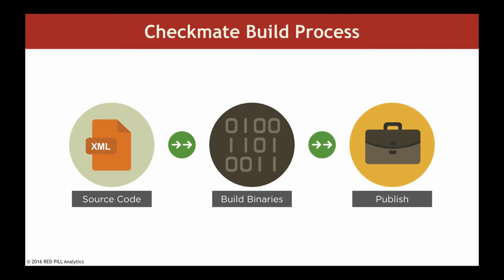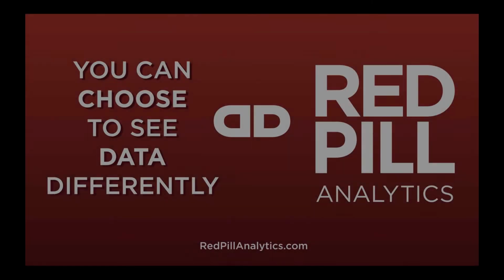So we want to publish those artifacts. We zip them up, publish them to an artifact repository, or sometimes called a binary repository. And that's typically using a Maven standard. So we publish those to a server where we keep the zipped content versioned over time.